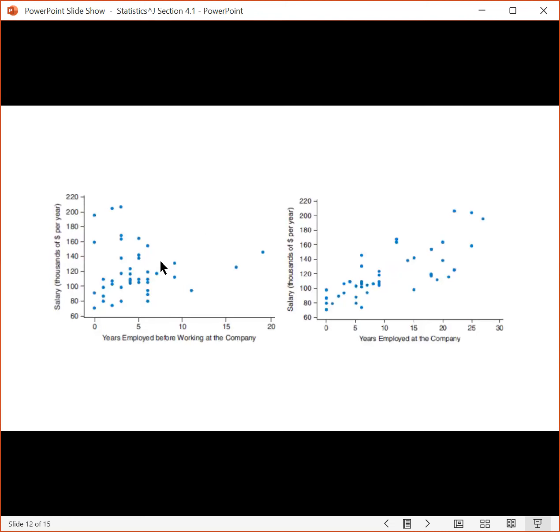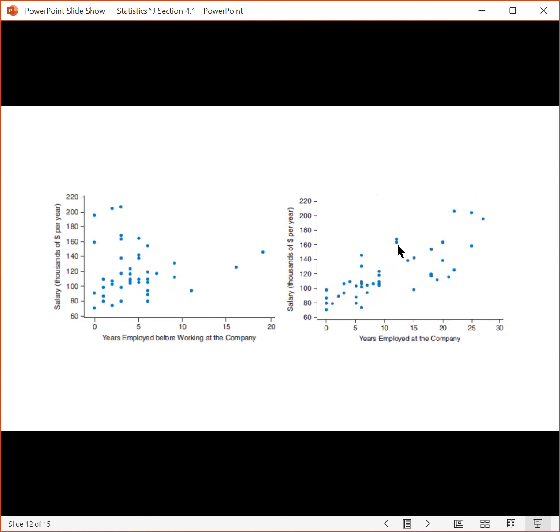So if we look at our two examples, this is years employed before working at the company and salary. The association is kind of difficult to tell here. Maybe there's a little bit of an uptrend, but it's hard to tell. Meanwhile, here we have years employed at the company and the salary, and it's much clearer that there is a positive trend.